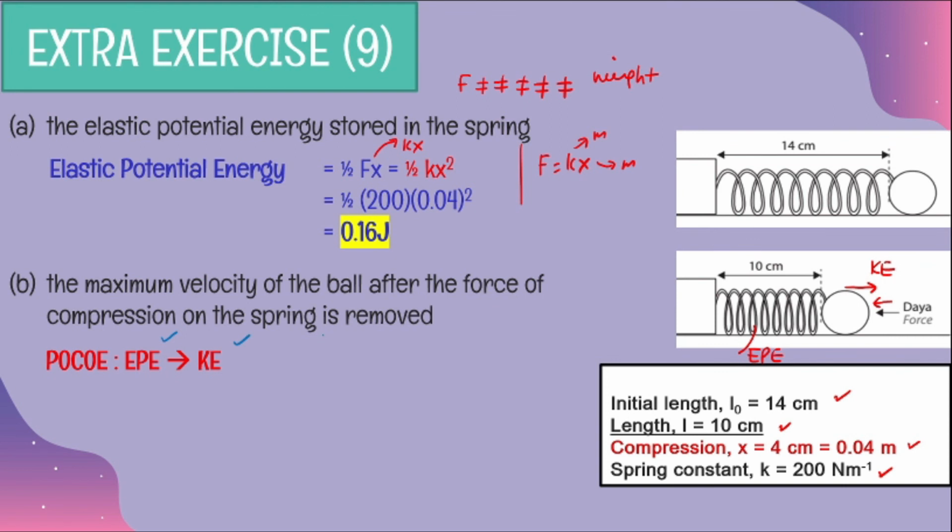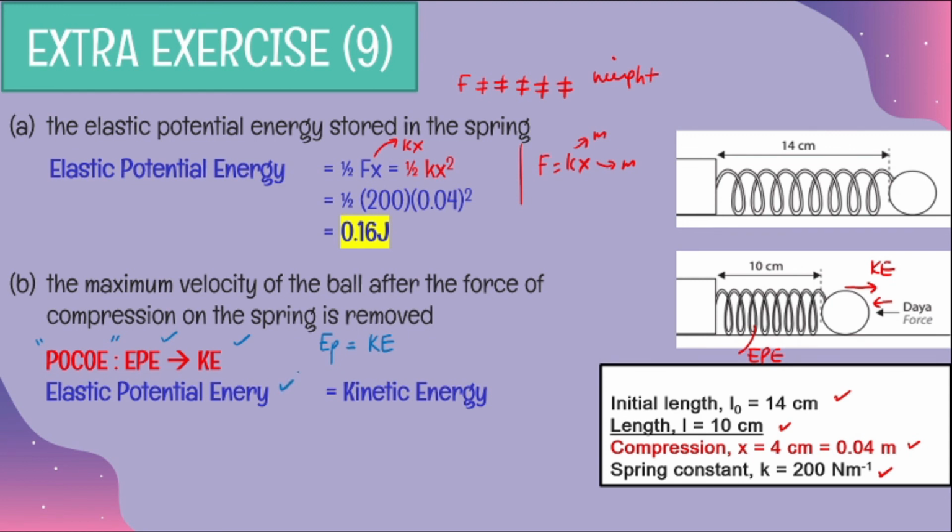Kalau kamu nak tulis EP equals to KE kot boleh jugalah macam tu. Okay. POCOE is principle of conservation of energy. Means kita assume semua energi elastik tadi dia akan pergi kepada bola tu. No energy loss. Masukkanlah.